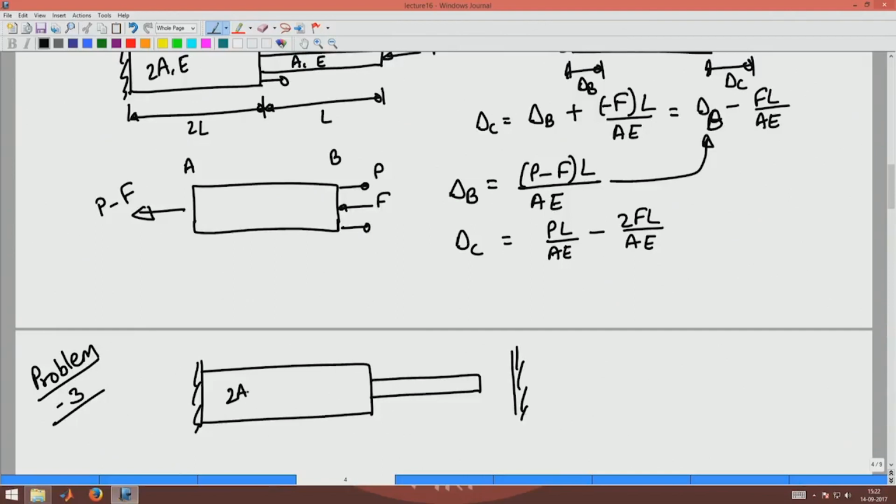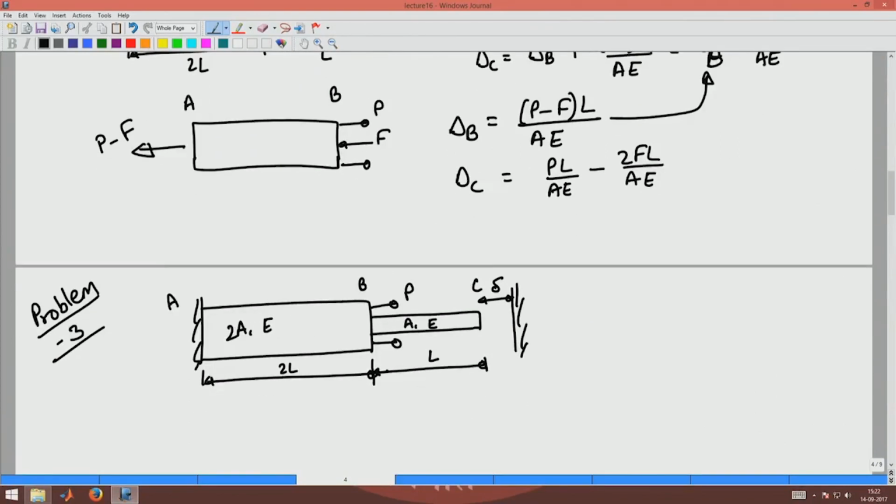This has area 2A, E, A, E, and let us say this distance is delta, and this length is as before 2L and this distance is L, and this is A, B and C. I am applying a force P at the rim of AB, at the intersection of the members AB and BC.